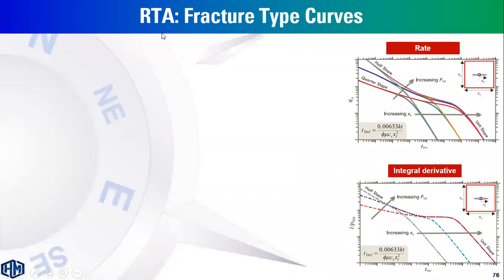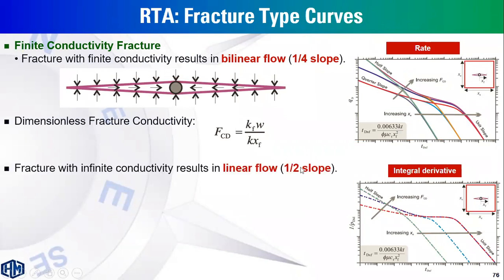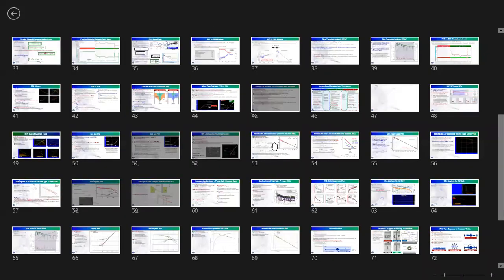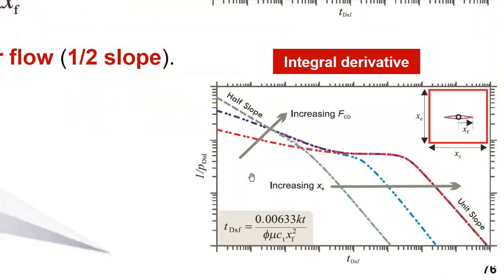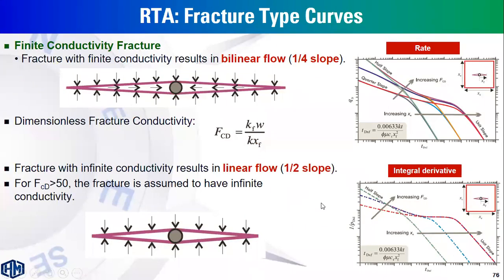But for RTA, if we have a fracture type curve, as you can see, for the finite conductivity fracture, we have bilinear flow. You will also have the quarter slope in this plot, and also we have linear flow. We have the half slope, as you can see from this integral derivative, like the Blasingame plot.